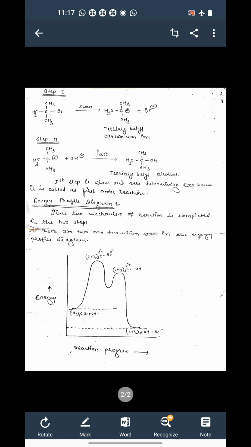So here we get the second peak, and finally we get the product, tertiary butyl alcohol. So in the SN1 reaction, in the energy profile diagram, there are two peaks. Don't get confused: even though it is a unimolecular nucleophilic substitution reaction, in the energy profile diagram you can see two peaks, because this reaction is carried out in two steps. This is important that you have to remember. So this is all about the SN1 reaction.